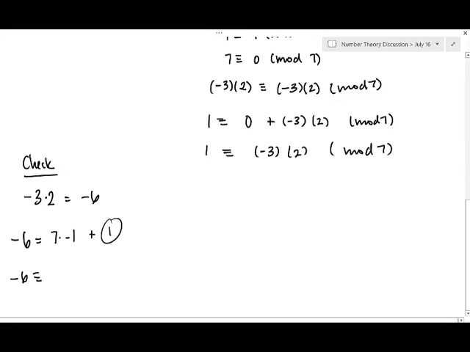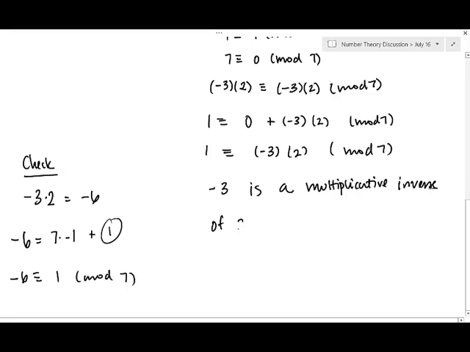So negative 6 is congruent to 1 mod 7, and that tells me that negative 3 is the multiplicative inverse, or we should say a multiplicative inverse, because anything congruent to negative 3 mod 7 will work.